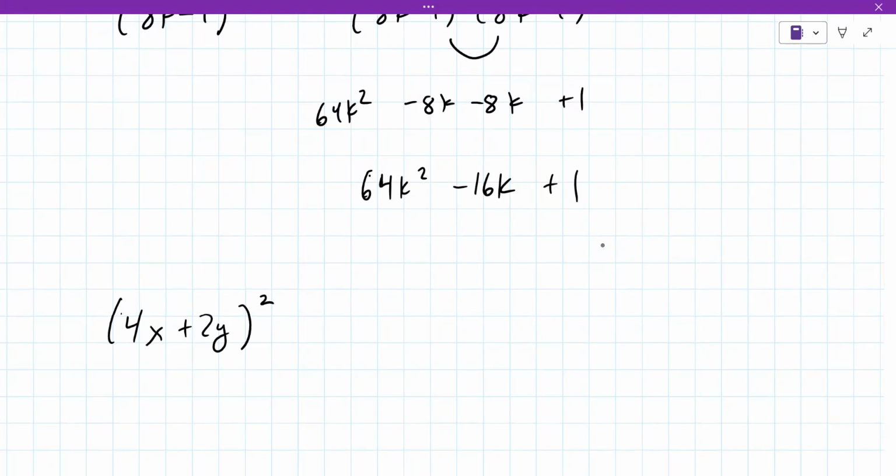Say for 4x plus 2y. 4x plus 2. So that would be 16x squared plus 4y squared.